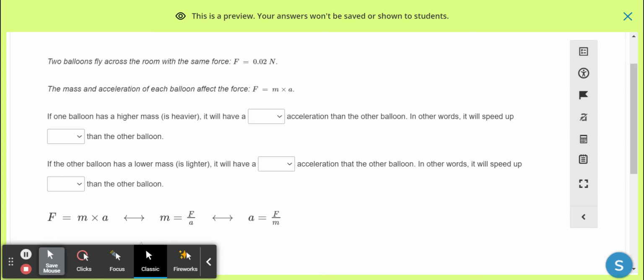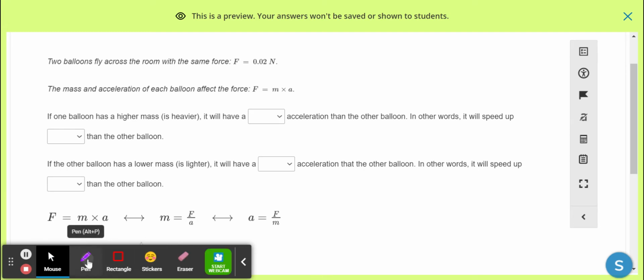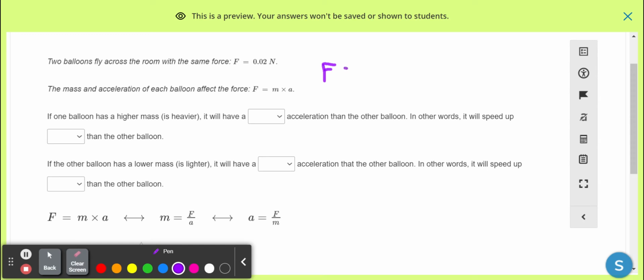Both balloons are going to have a force of 0.02 newtons. So let's get the pen out here. So our force is going to be equal to 0.02 newtons. And that should also be equal to mass times acceleration.